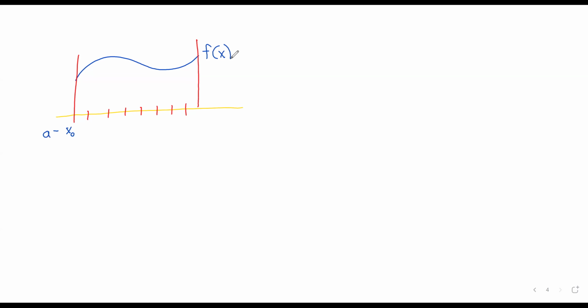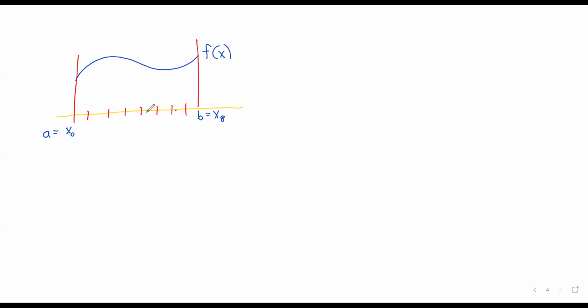We traditionally talk about going from A to B. We'll call A x sub 0, and then we'll have x sub 1, 2, 3, 4, 5, 6, 7. So B is x sub 8.